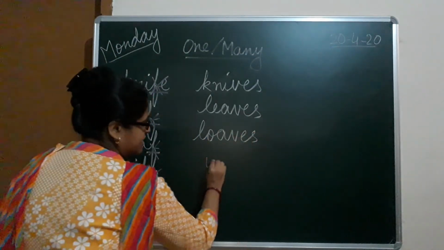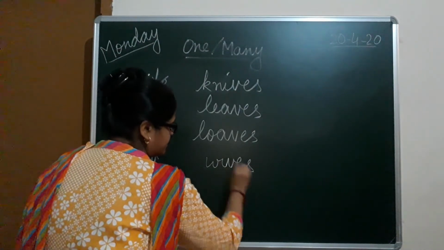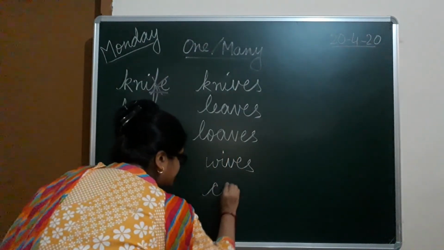Okay, wife becomes wives, then calf becomes calves.